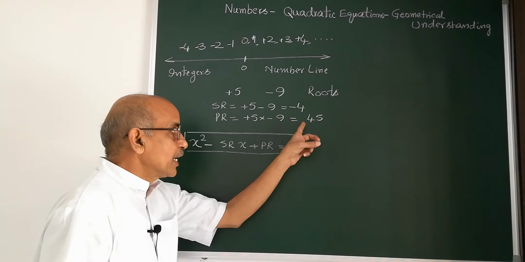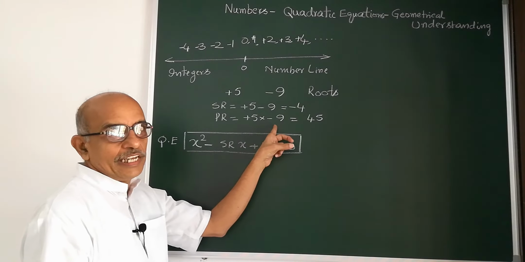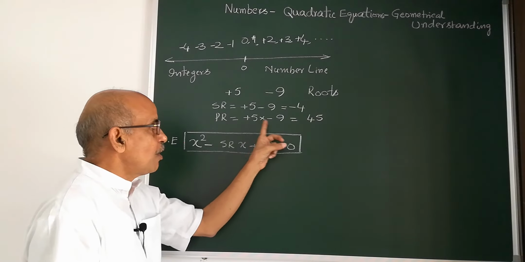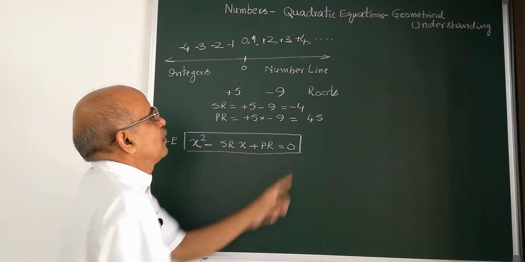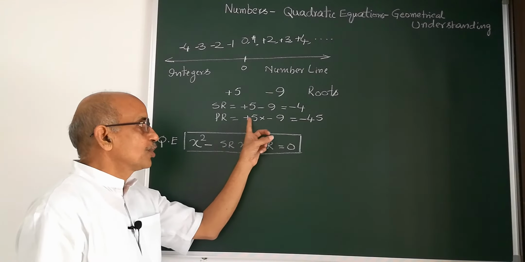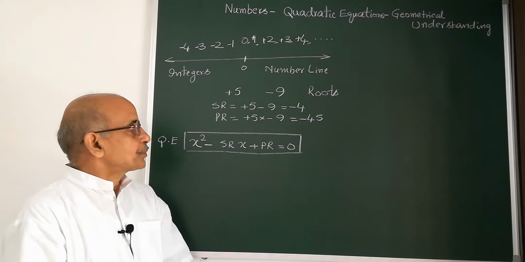When you come to the sign, if these two are different, one is plus and the other is minus, or the other way around, if they have opposite signs, the answer will always be negative. If they have the same sign, both plus or both minus, then it will be plus.